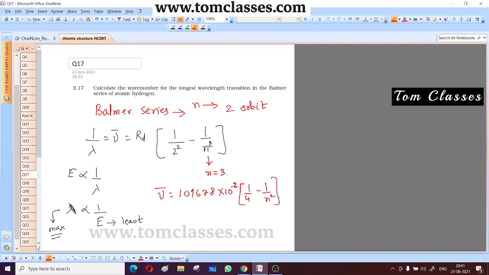So that is 1 by 3 square, that is 9. So what is this value? This is meter inverse, no? So okay, 109,678 into 10 to power minus 2, and this is 1 by 4 minus 1 by 9. So this will be 5 by 36.